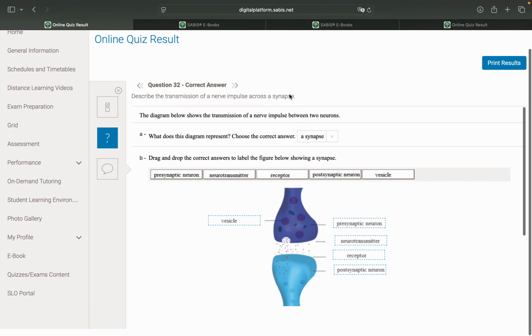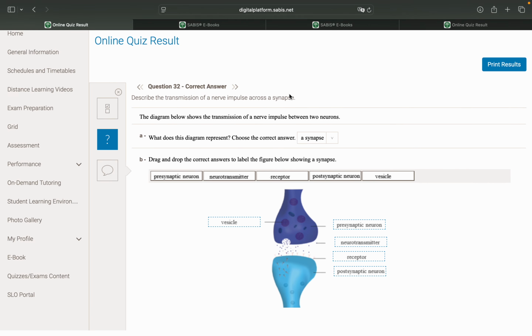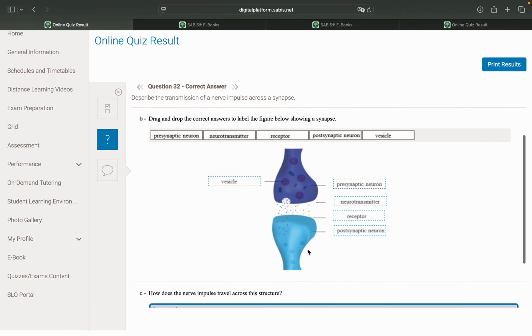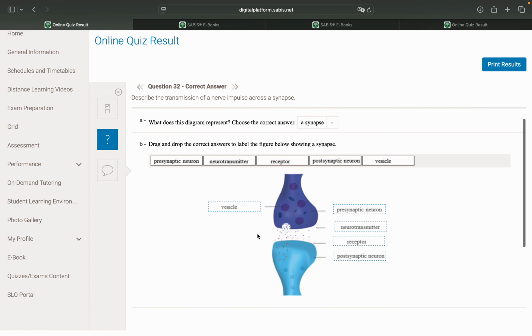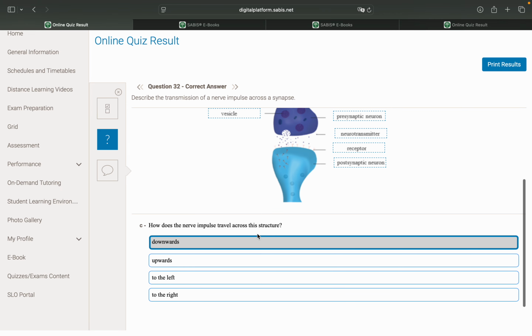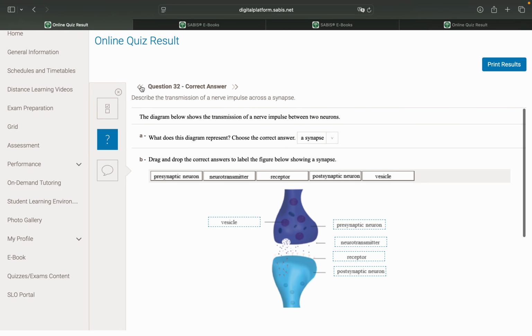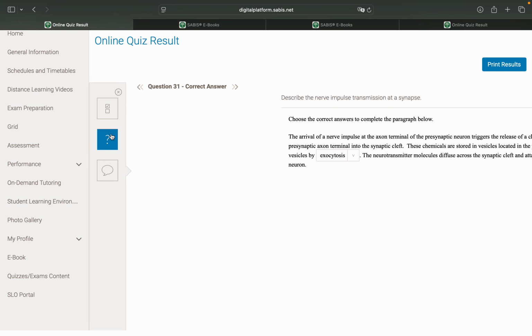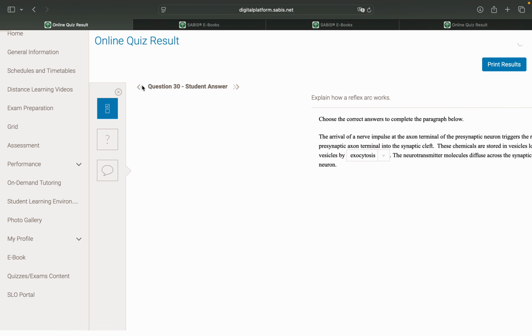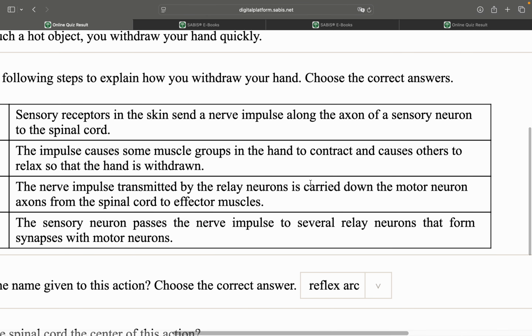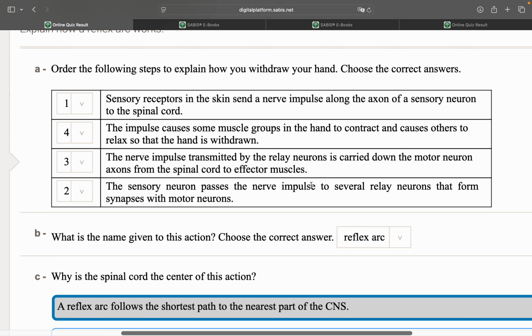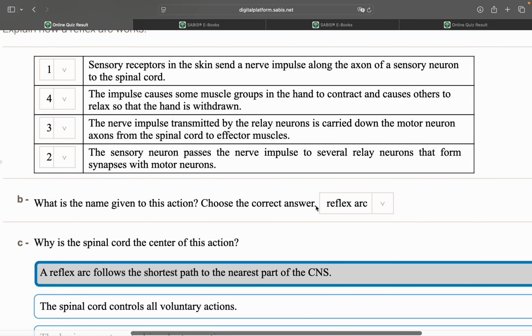Okay, so the diagram below shows the transmission. So this is a synapse. I feel like this is also something you should just memorize, honestly. These kinds of questions where they ask you to put things in order, I'm not even joking, they're always going to ask you these kinds of questions.